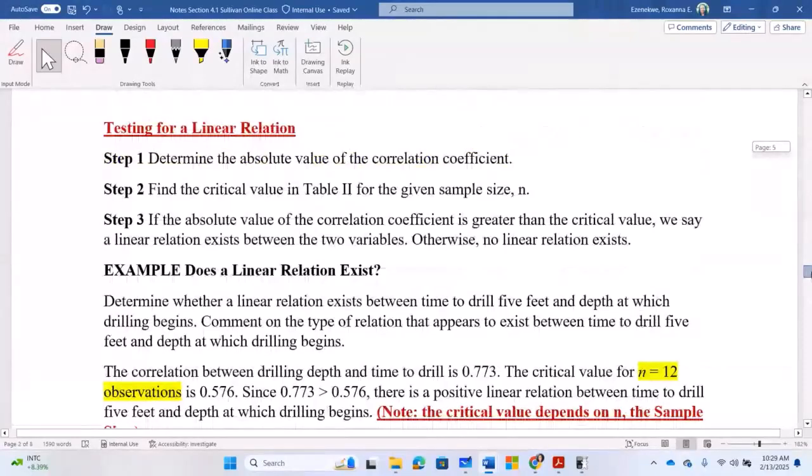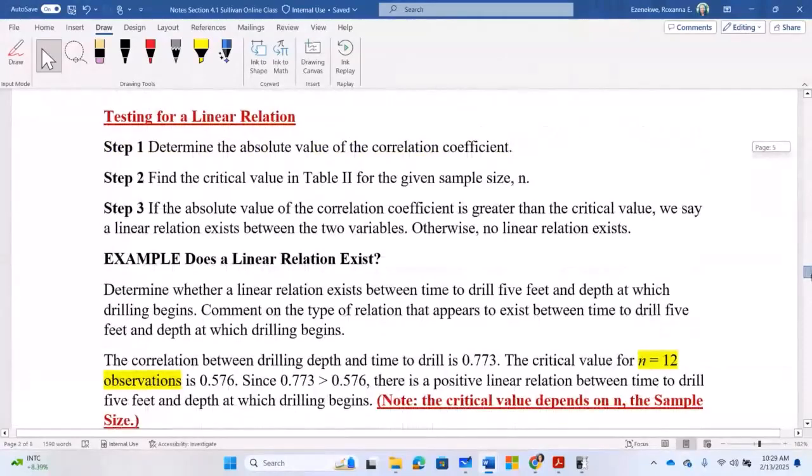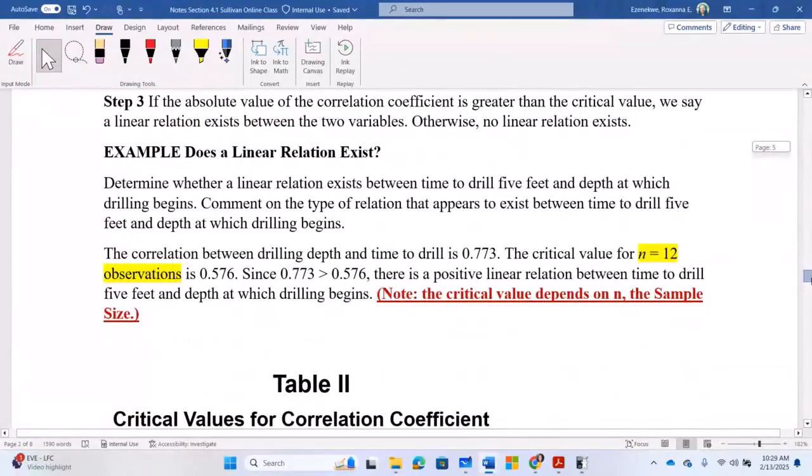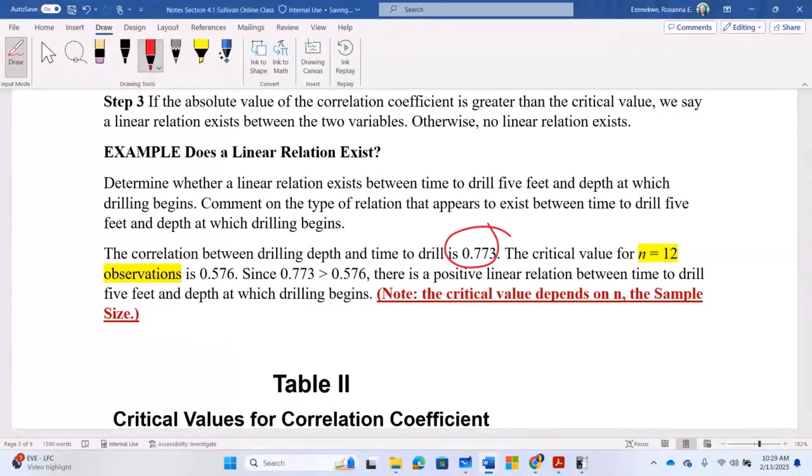Okay, so you could be told to test the linear regression. What you're going to do is the correlation between drilling depth and time is 0.773. The critical value for n equal to 12 is 0.576.